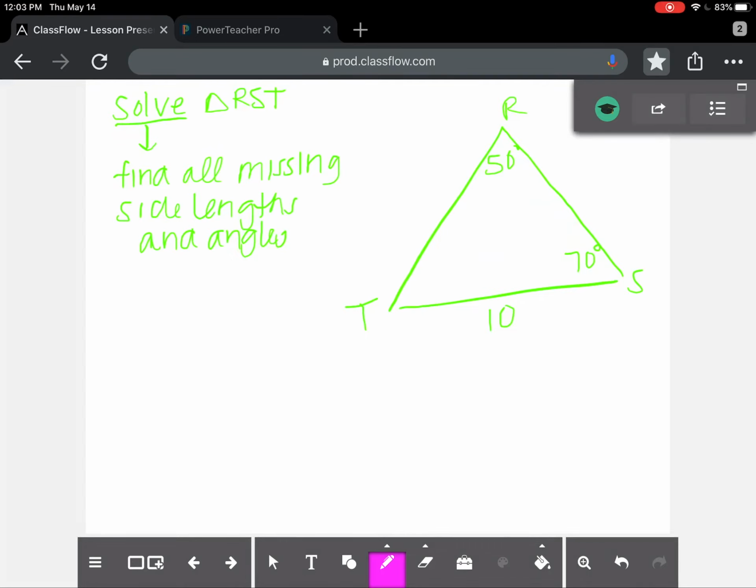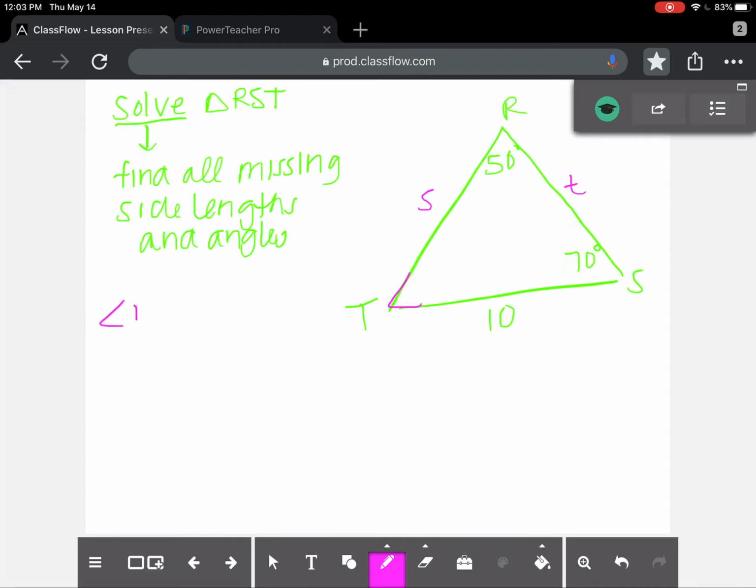So if it gives us this triangle, we are looking for side length T, angle T, and side length S. We're finding all three of those. When it says solve a triangle, it means find all missing side lengths and all missing angles.